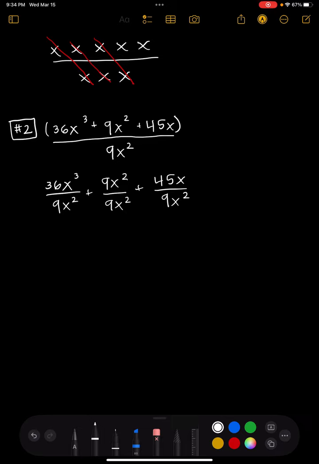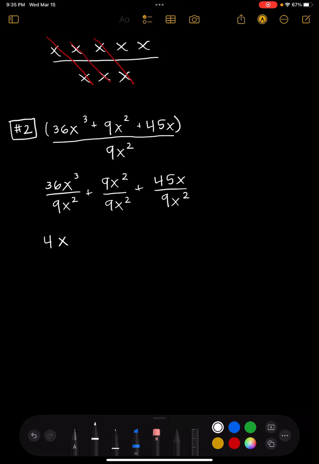So 36 divided by 9 gives me 4. Because it's a whole number, it just ends up on the top of the fraction. And then for our x's, we have x cubed over x squared. So we have 3 x's over 2 x's. To simplify that, we're going to do 3 minus 2, which gives me 1. So I'm going to have just x to the first power, or I can just write 4x right there. And because there's nothing on the bottom, we can get rid of the fraction sign.